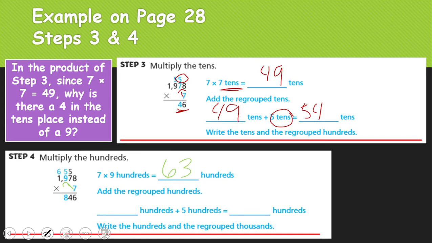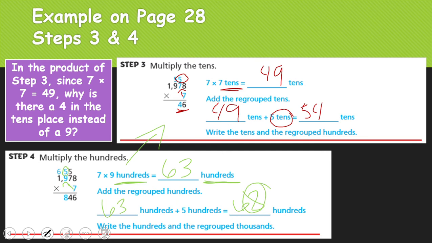And when we multiply by the hundreds, that means 63 hundreds. Then we can't forget to add this 5 that we had regrouped up here. We add 63 hundreds plus 5 hundreds, which gives you 68 hundreds.